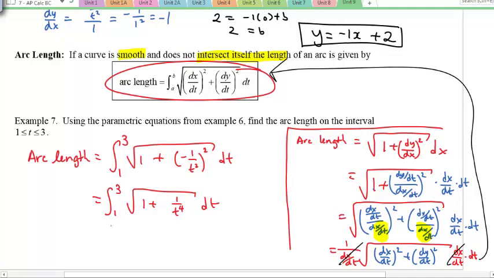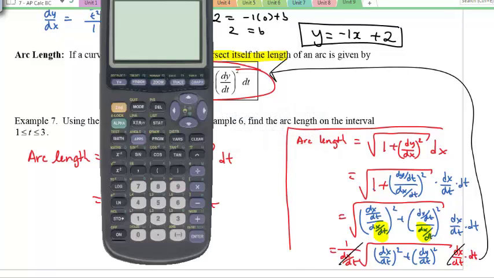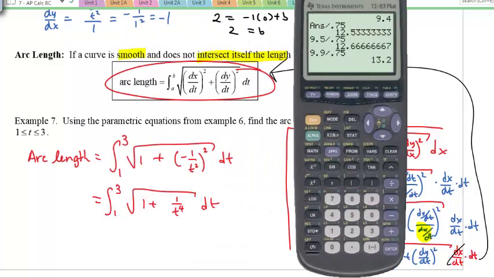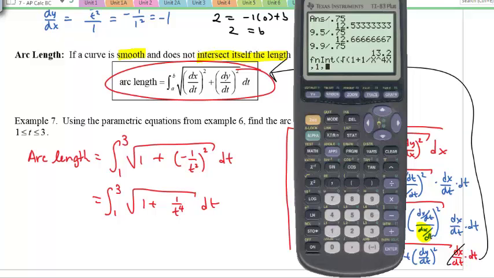So guess what? It's time to use your graphing calculator and use it to help you out. So, the square root of 1 plus 1 divided by x to the power of 4, comma x, comma 1, comma 3.